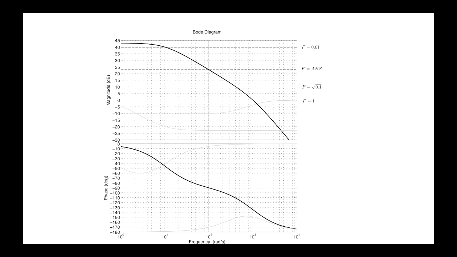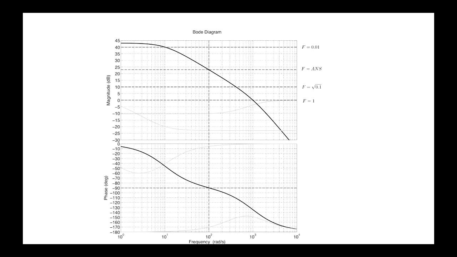All right? Now, of course, we're looking at the crossover frequency because that's what we have to figure out first before determining what the phase margin is. The phase margin is related to the phase at the crossover frequency. For different values of F, we're getting different crossover frequencies, and therefore getting different phase margins.